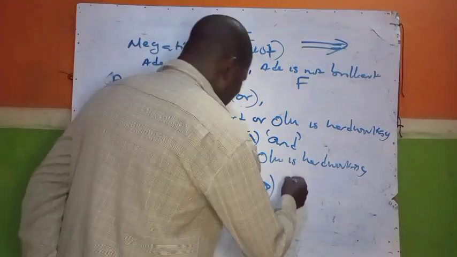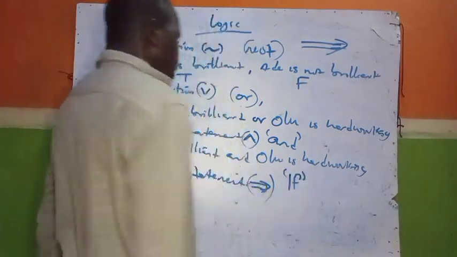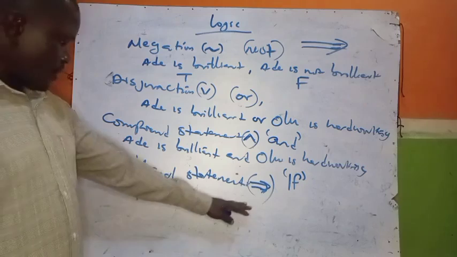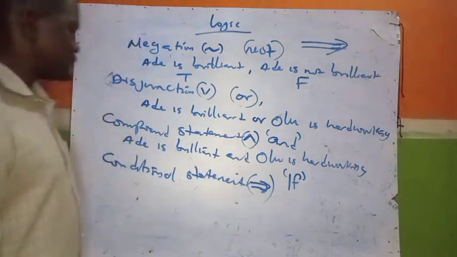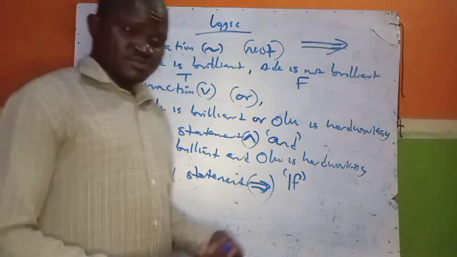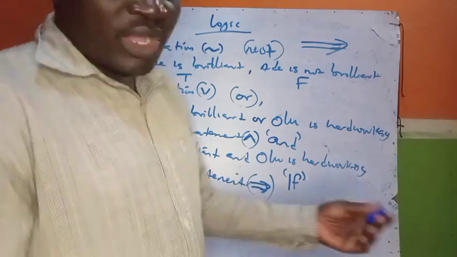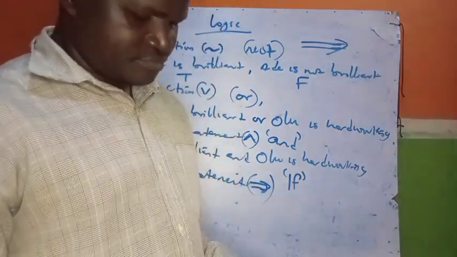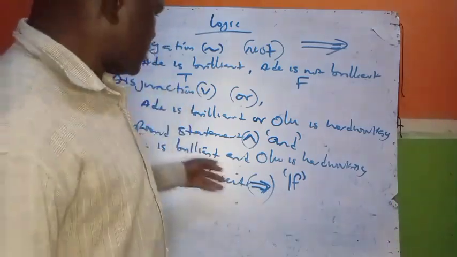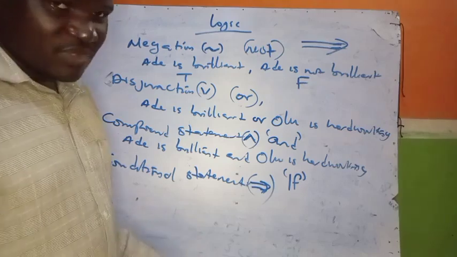The word for it is "if." Like this: if Ade is brilliant, then Olu is hardworking. If you study your book, you will pass your exam. That's what we mean by conditional statement.